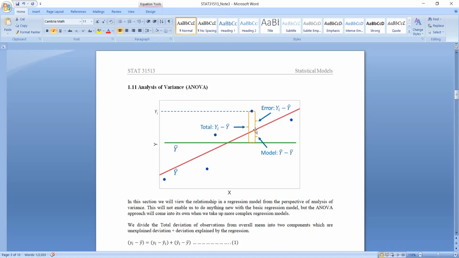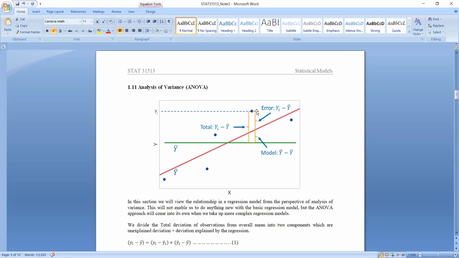And then the difference between this red color line and the green line is yi hat minus y bar. So the whole difference, the difference between your observation and mean value, yi minus y bar, is equal to yi minus yi hat plus yi hat minus y bar.